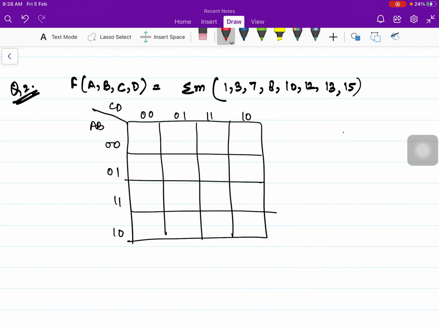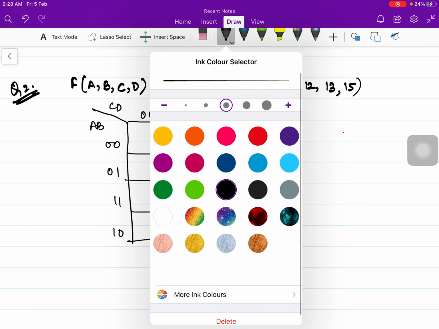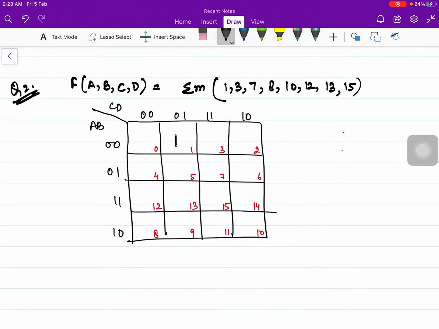Do the numbering. You are not advised to use red pen in your exams or green pen. Just use black and blue pen. The numbering will be like this. Now let's insert ones. So it will be 1, 3, 7, 8, 10, 12, 13, 15.